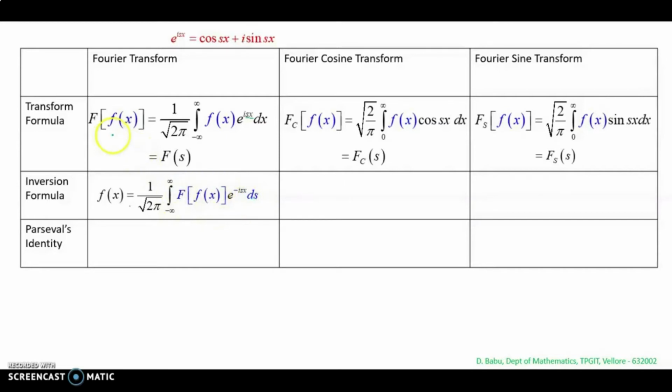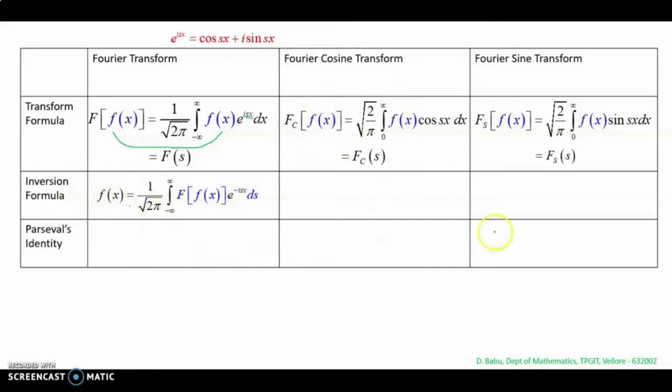Okay. So we interchange this and this. So another change is here plus isx, here minus isx. Another important change is here we integrate with respect to x only, but here we integrate with respect to s. Then only we get the answer in terms of x.